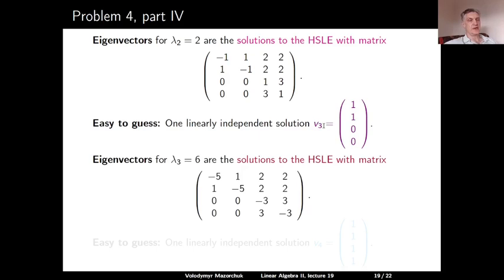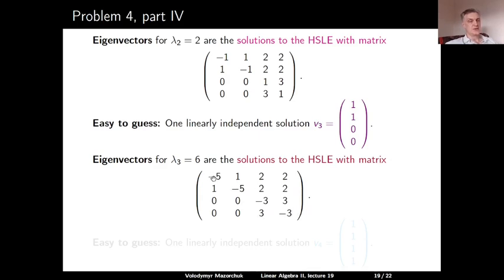Next, the eigenvalue 6. The eigenvectors for this eigenvalue are the solutions to the homogeneous system of linear equations, whose matrix is obtained from our matrix by subtracting 6 on the main diagonal. So we get the matrix with rows (-5, 1, 2, 2), (1, -5, 2, 2), (0, 0, -3, 3), (0, 0, 3, -3).